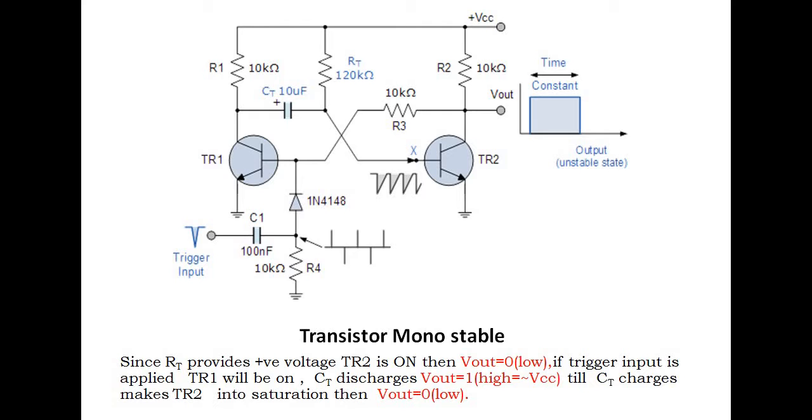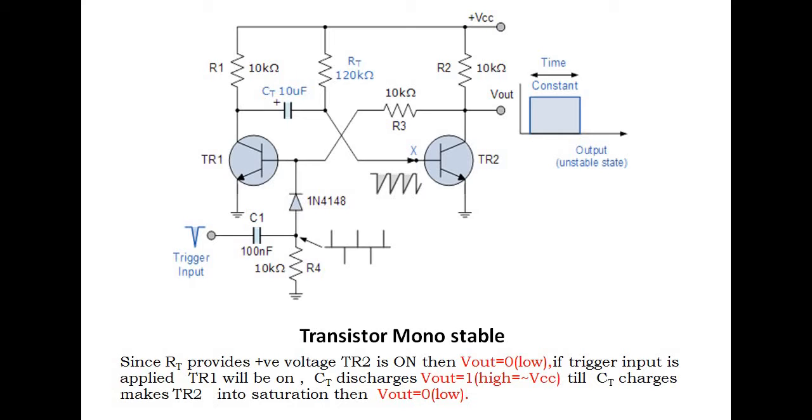When we remove the triggering pulse, the capacitor again charges, right? When that capacitor attains 0.7 volts, TR2 switches on again. So the stable state for the monostable multivibrator is the low state. It is going to be at the high state for some amount of time, which is determined by RT and CT.